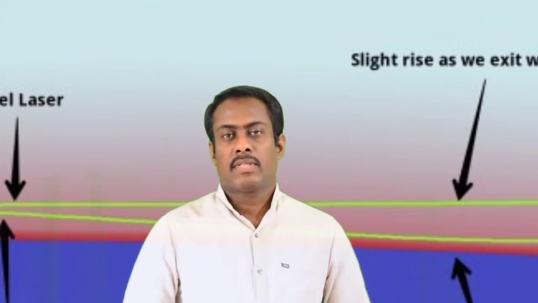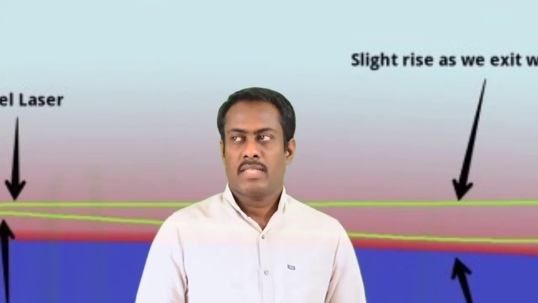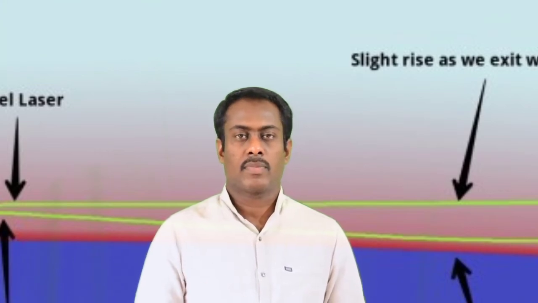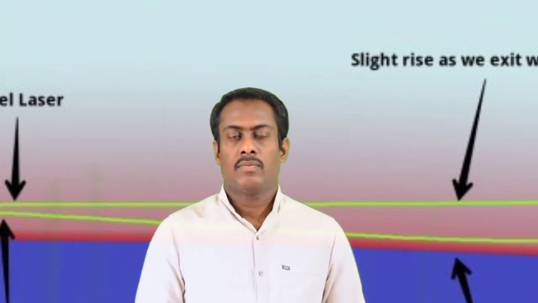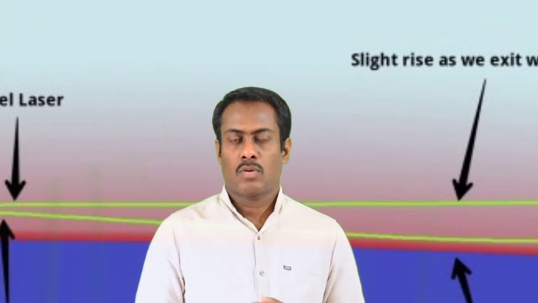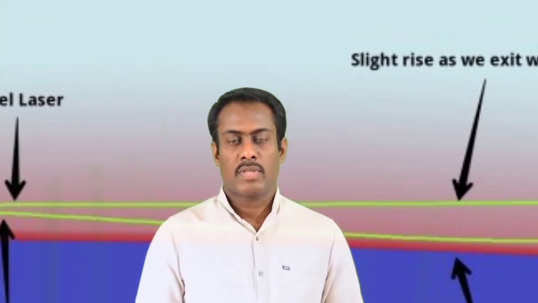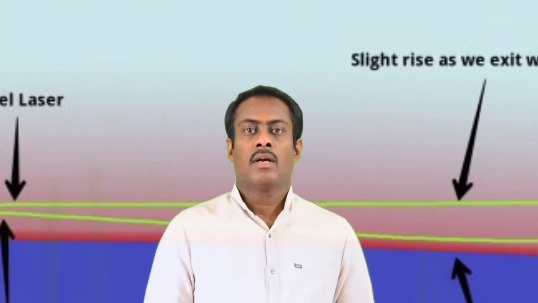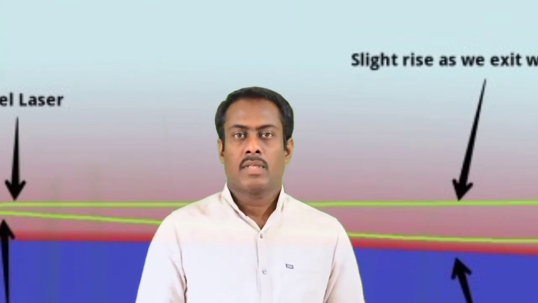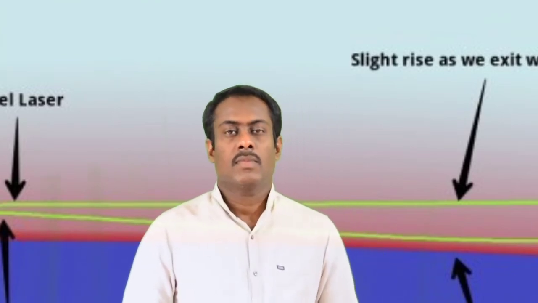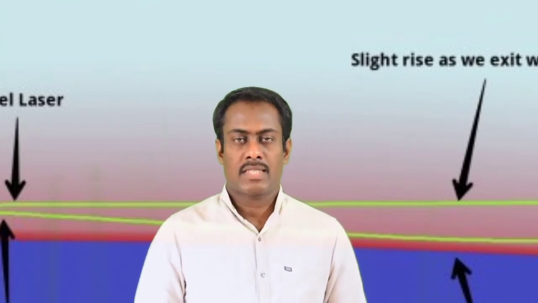We might have observed that when we see a distant object through the hot air above the fire, the object seen through the hot air is fluctuating. As we already know, the hot air is less dense.